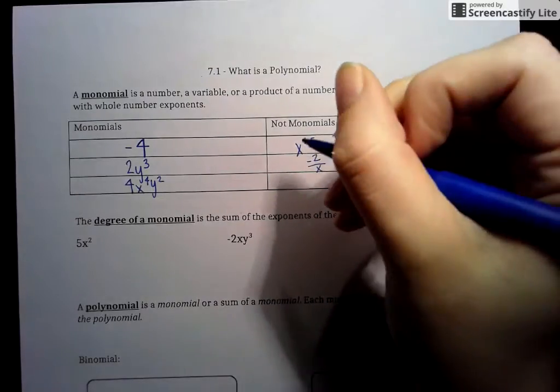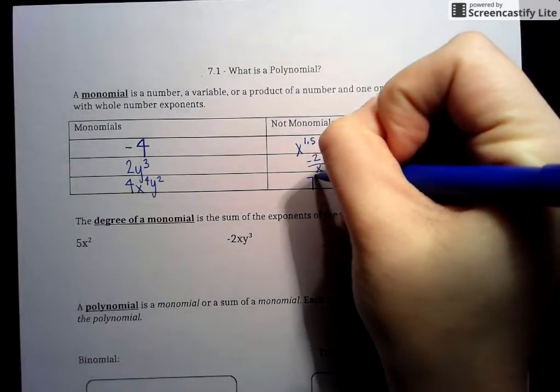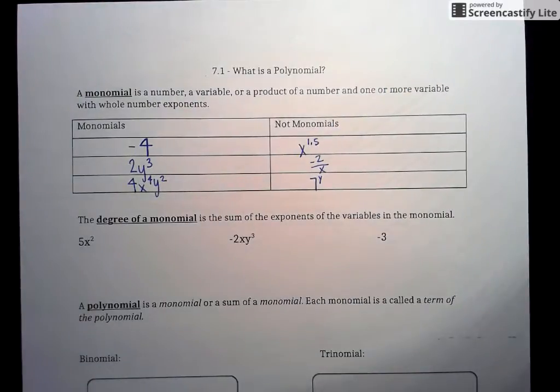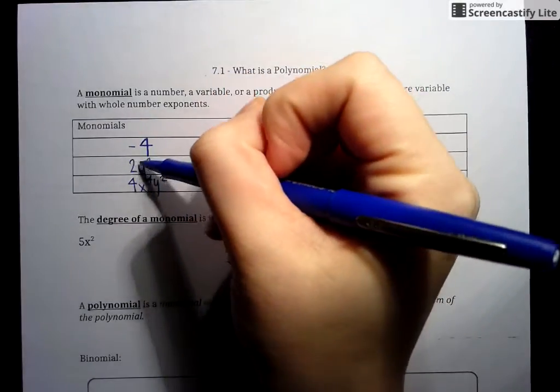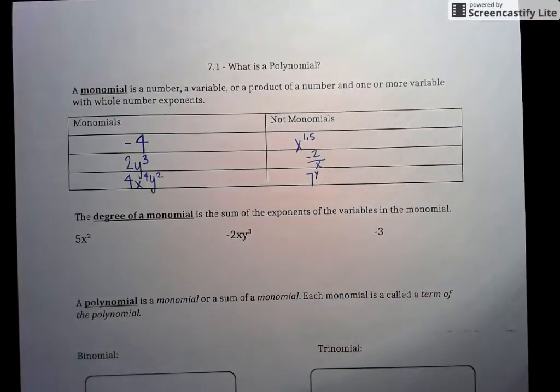And another example would be like 7 to the y power, so it's actually got to be a number. Now, with monomials, it means it's one term, so it's by itself. So like this, for example, is one term. So there's no addition or subtraction. When there's addition and subtraction within the polynomial, that makes it either a binomial or trinomial, which we'll get to towards the bottom.